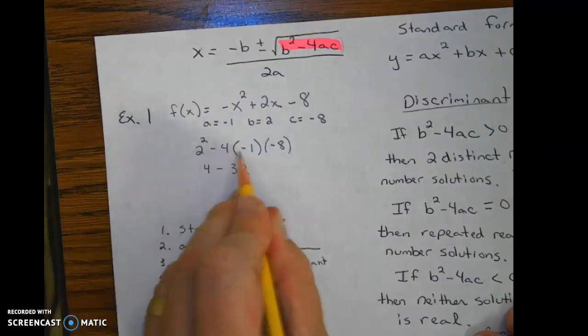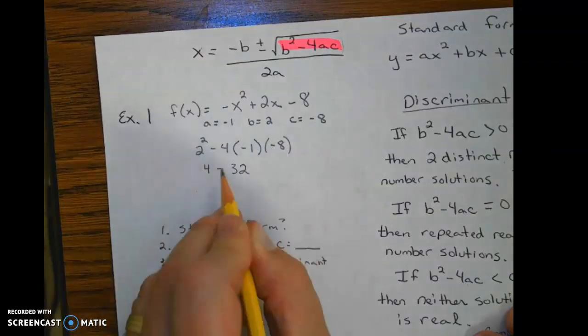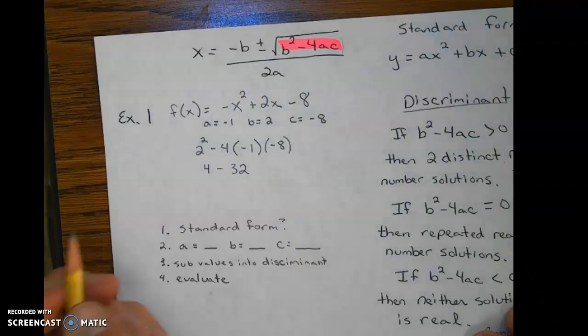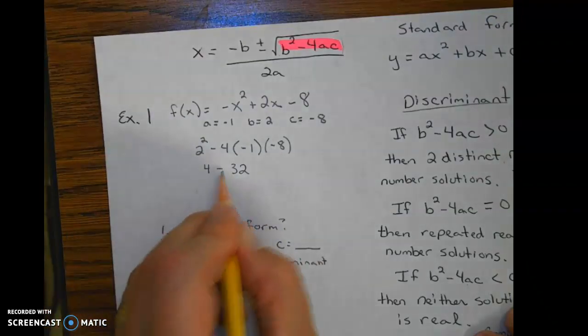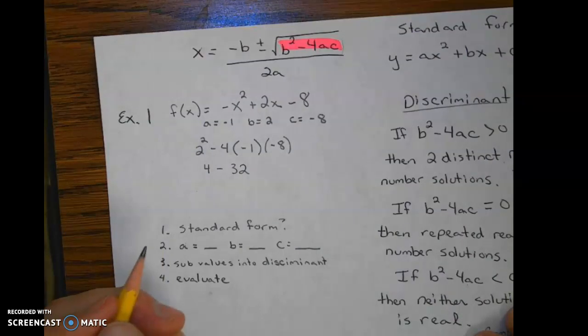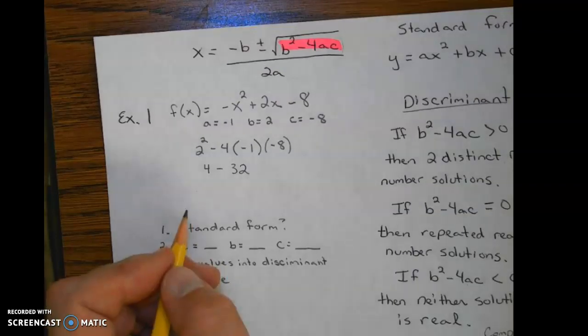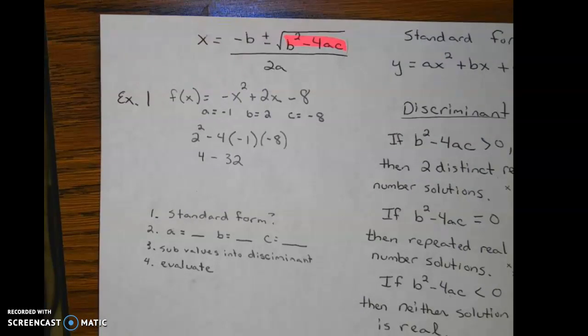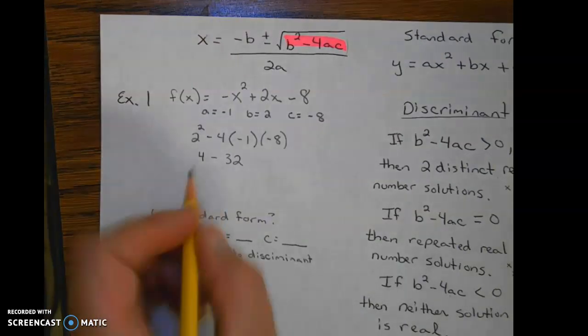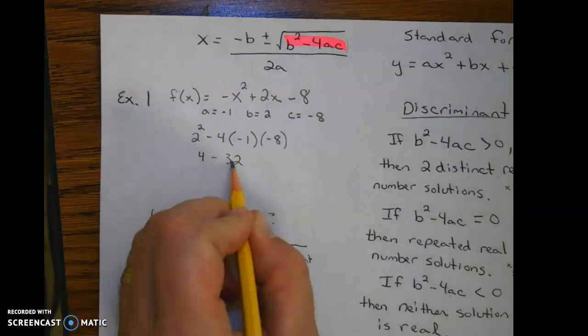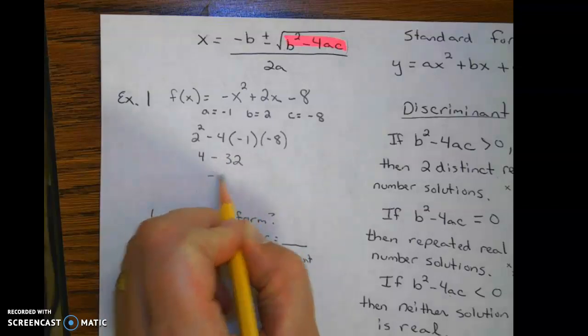Remember, if there's an even number of negatives, then it would be positive. So continuing on, we get 4 minus 32, which gives us -28.